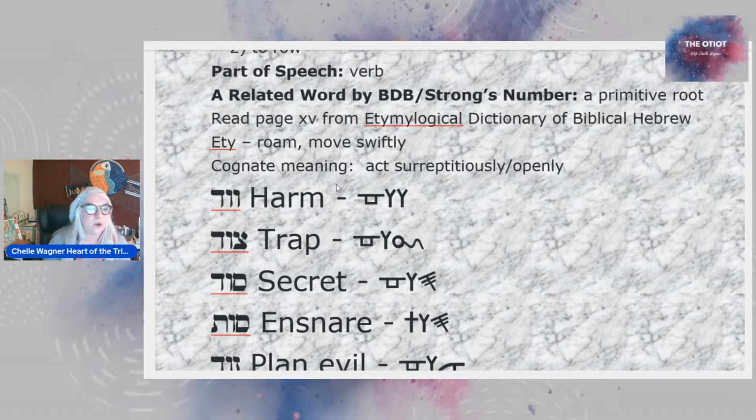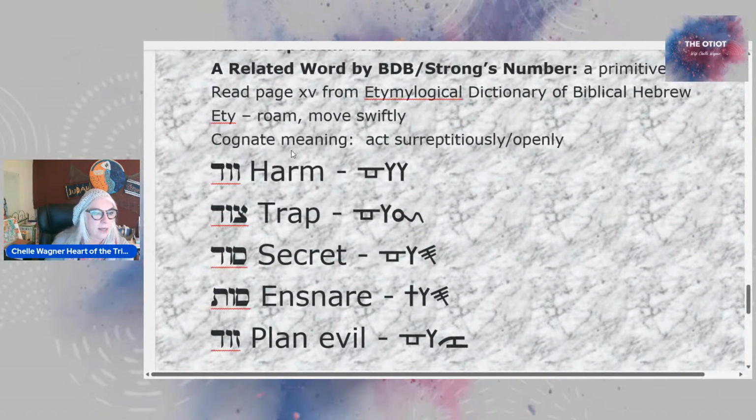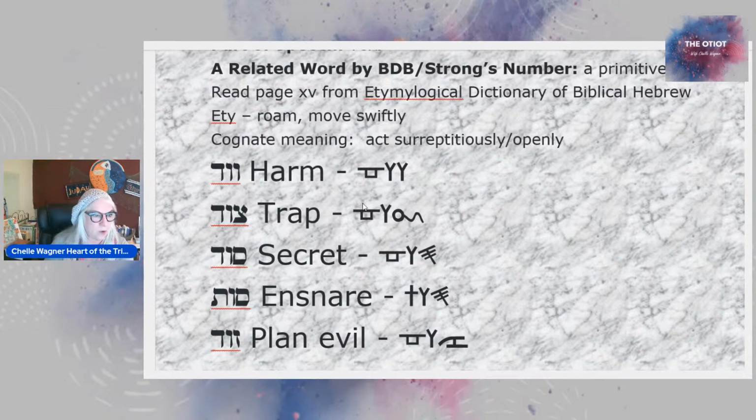So here's when I looked at that word in the etymological dictionary, shoot. Here are all the related words. The cognate meaning means to act surreptitiously or openly, of roaming, moving. It's like it's not hidden, it's right out in the open, going to and fro.